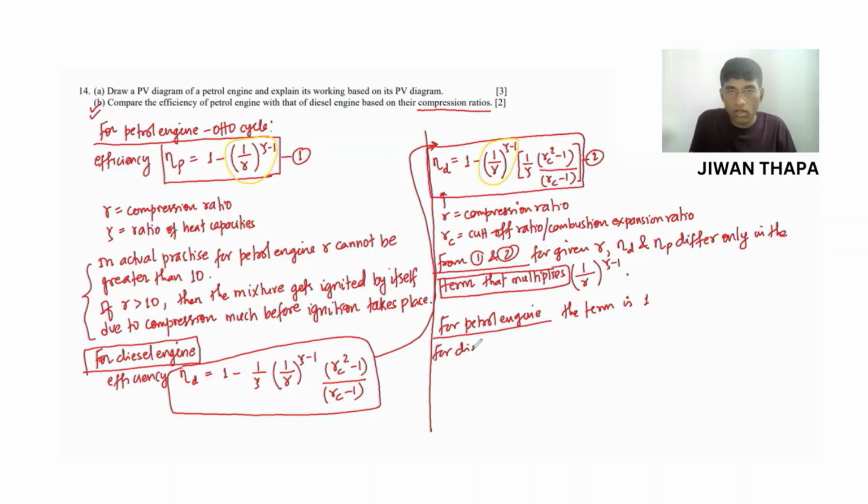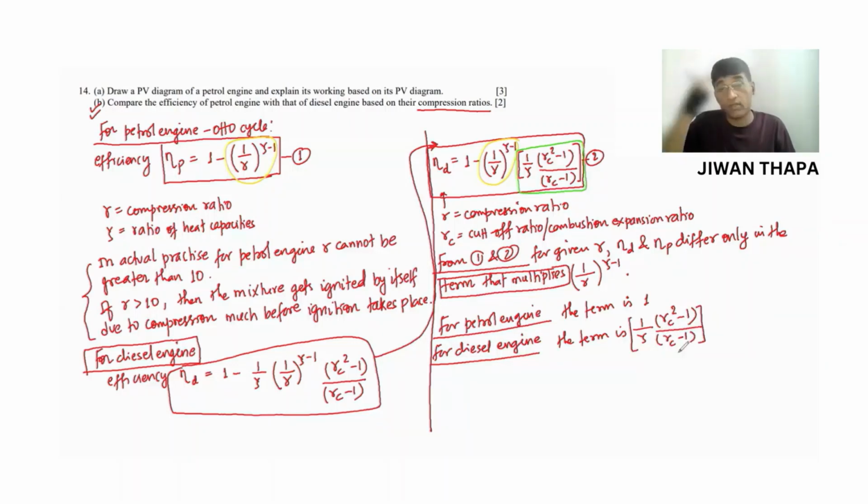For the diesel engine, the term is 1 by gamma, and we have rc square minus 1 by rc minus 1. So we find this.